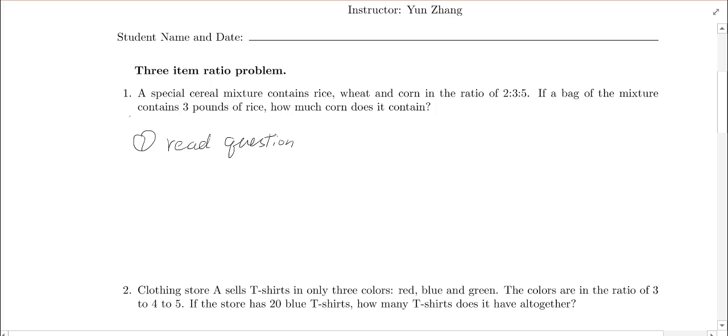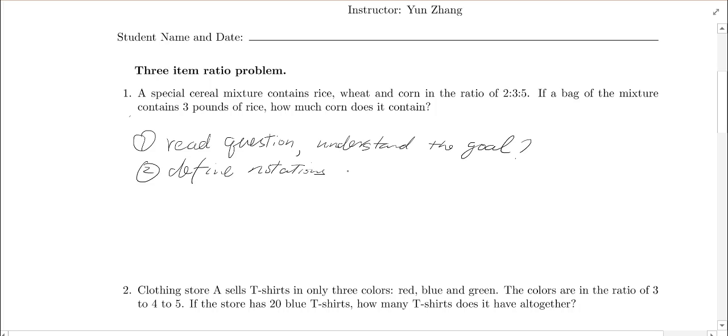One important thing in this step is to understand the goal. What's the goal of this question? What do you want to solve? And the second thing is, while reading the question, you start picking up some keywords and using those words to define notations.